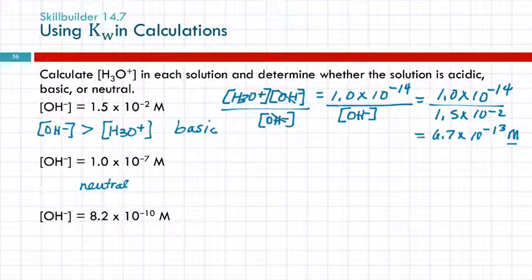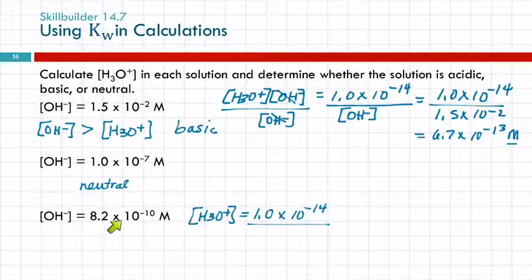This one, it's the same kind of calculation as the first one. The hydronium ion concentration is equal to 1.0 times 10 to the minus 14 divided by the hydroxide ion concentration. And if you're using the scientific notation on your calculator incorrectly, you're going to come up with crazy wrong answers.